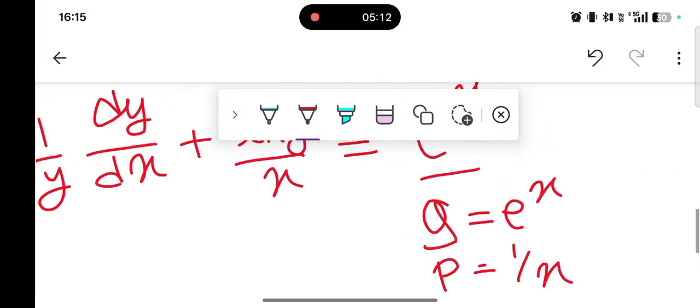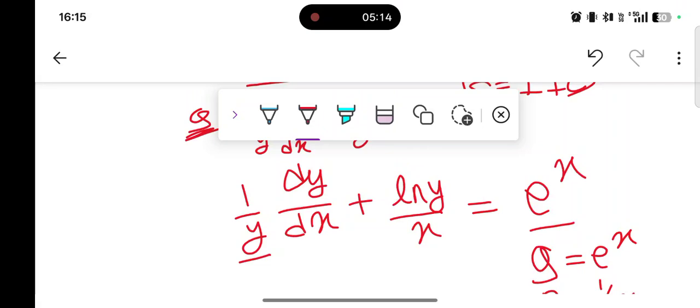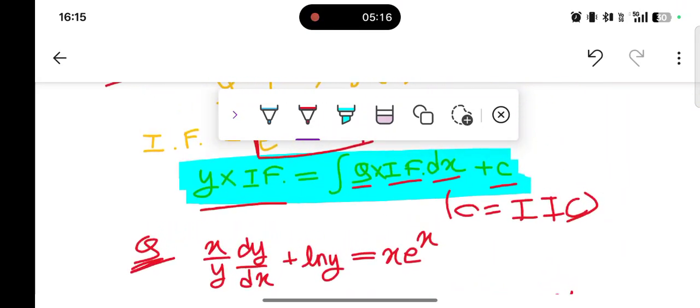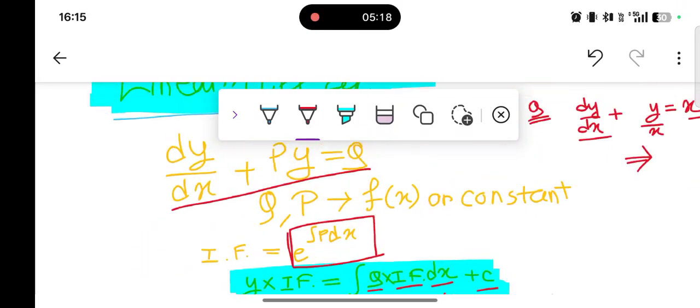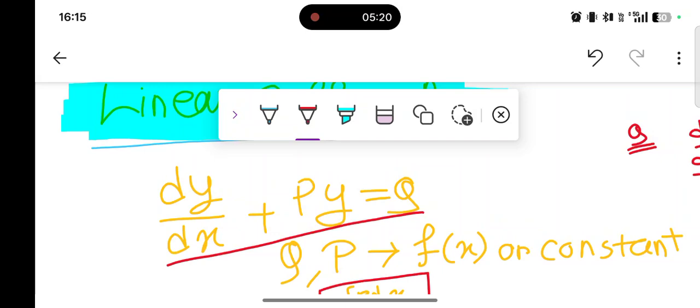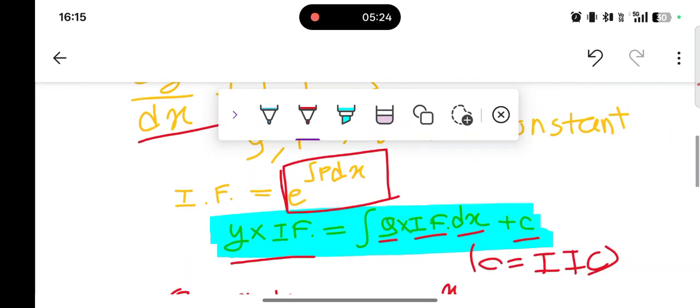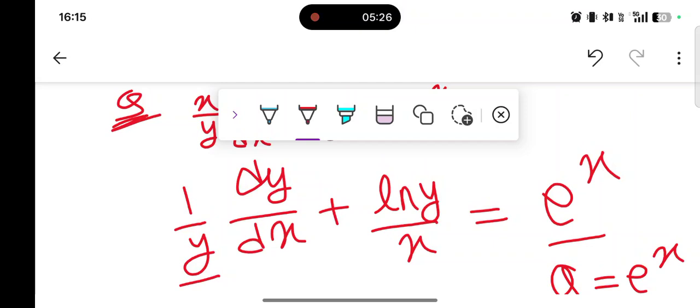Now in that case 1 by y is multiplied with the differential equation, which makes something like that. It is not a linear differential equation, but still we have to convert it into a linear differential equation so that we can solve it easily. Otherwise it is too difficult to solve.